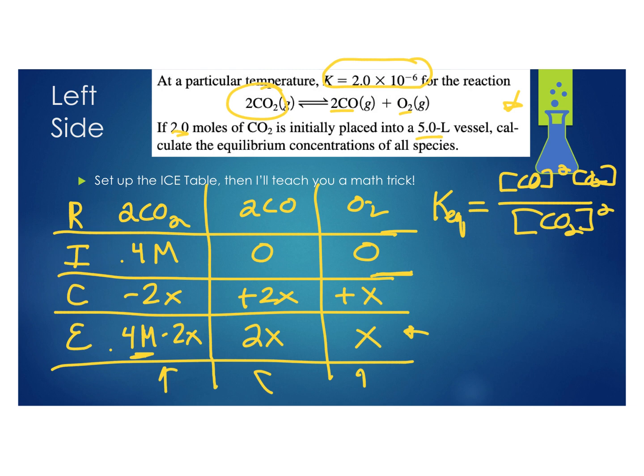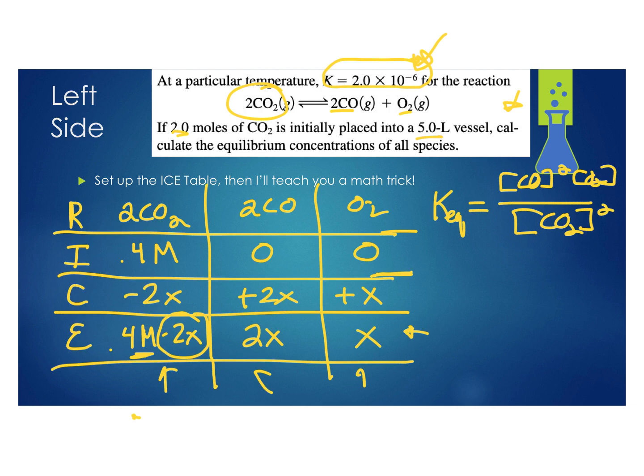Compared to the 0.4 molar that we start with, which is in the 10 to the negative first power area, 10 to the negative 6th is much, much smaller. So whatever this 2x is that we're subtracting from the 0.4 molar, it's not going to matter much.